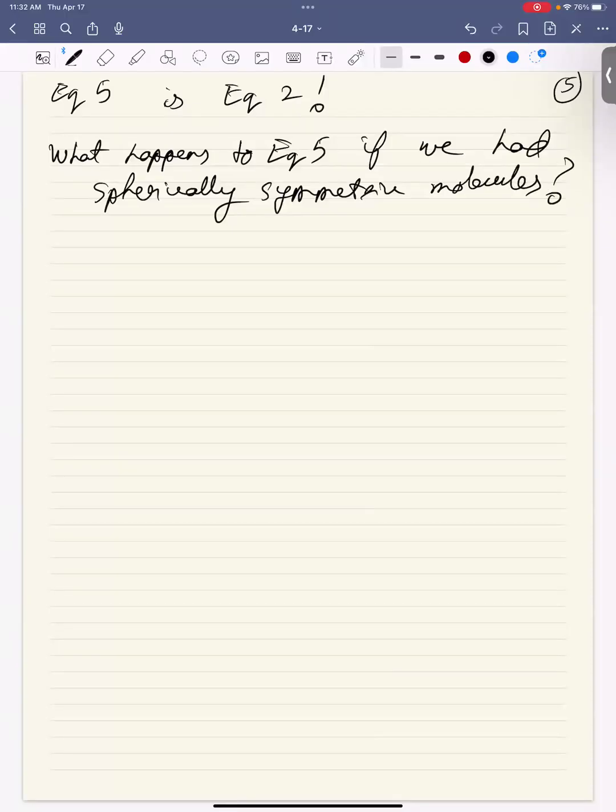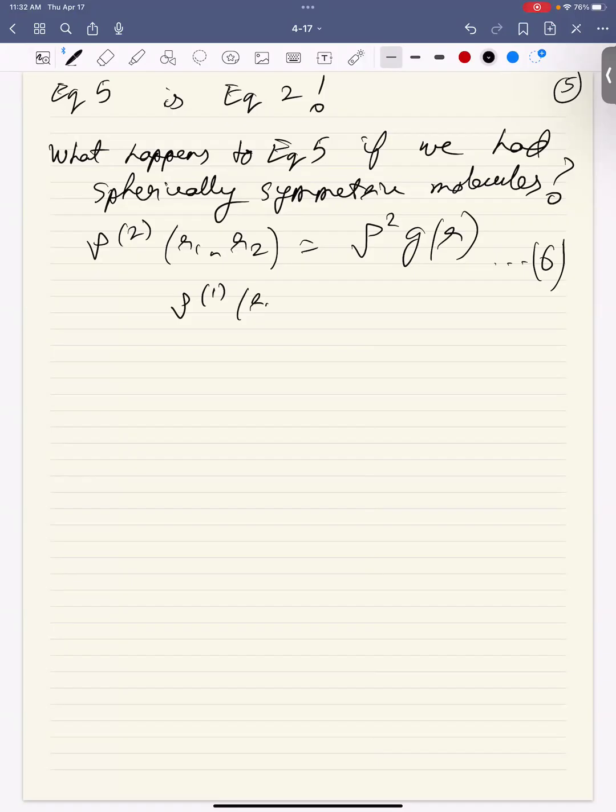molecules. In that case, rho 2 of R1 comma R2 becomes rho square of g of r, right? This is how we defined our g of r, the radial distribution function. Furthermore, rho 1 of R1 is equal to rho for spherically symmetric molecules, irrespective of whether we have interactions or not. So let's use equation 6.